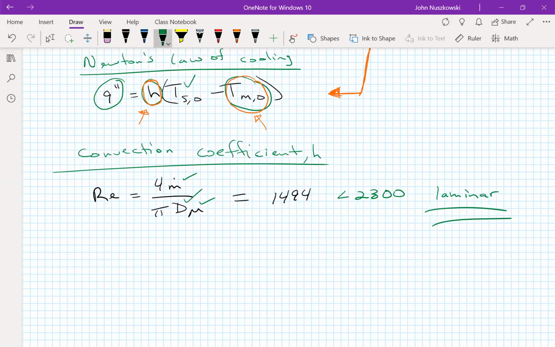What else? For internal flow, what else did we solve in the last problem? The entry length. Yeah, entry lengths.